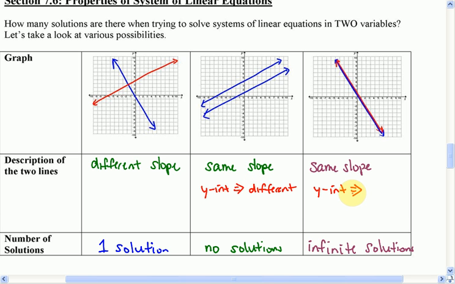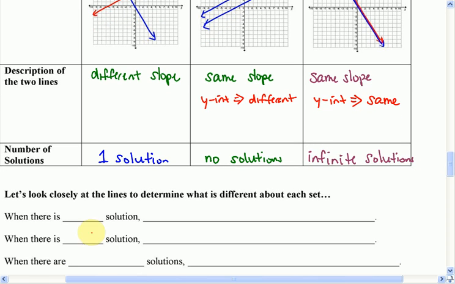Yet the one at the end here, where there's an infinite number of solutions, yeah, it's the same. All right, let's summarize what you just told me. When there is one solution, notice that the lines have different slopes.